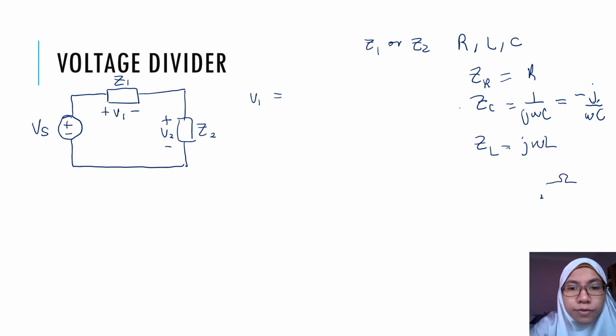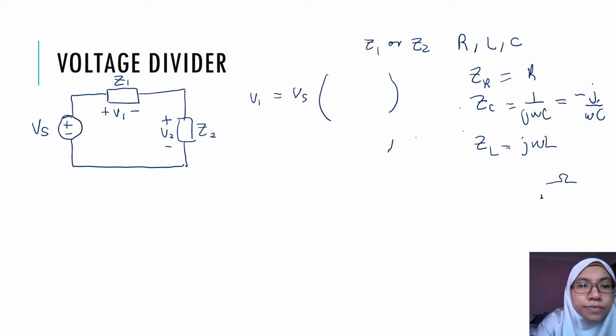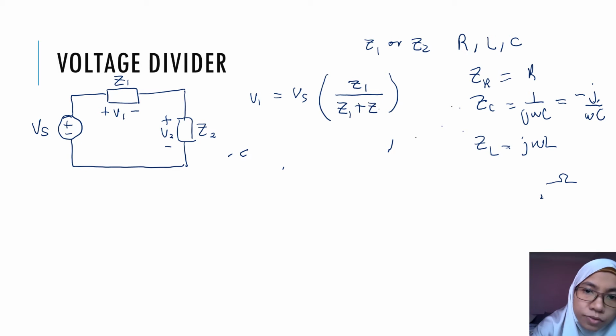So what is V1? V1 is equal to the voltage source times, since the voltage V1 is in parallel with Z1, we need Z1 over anything in series with Z1, which is Z1 plus Z2.